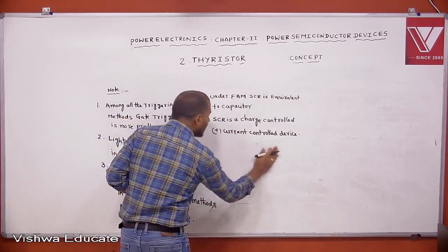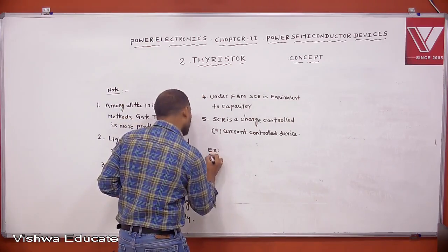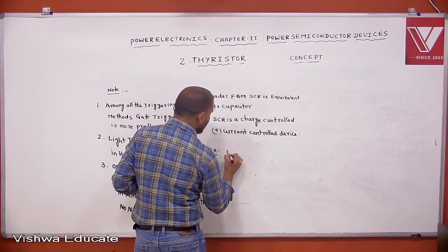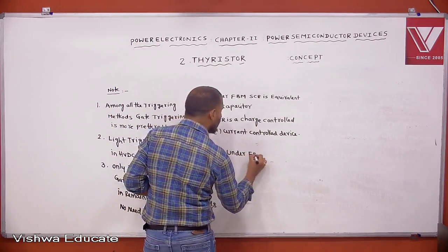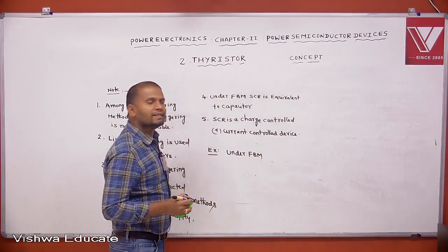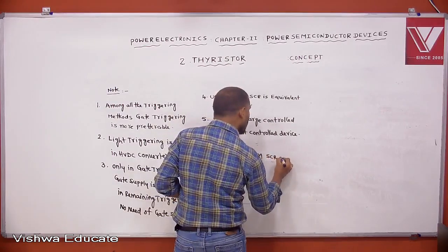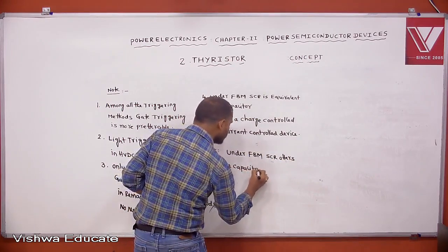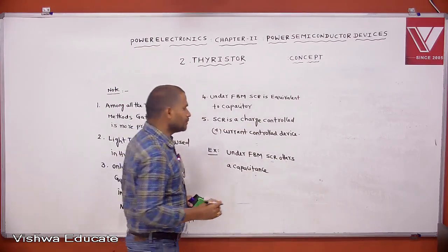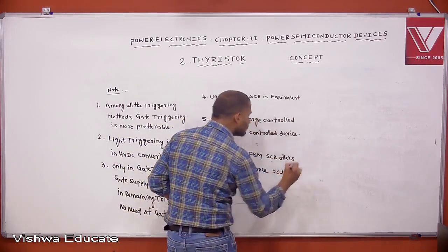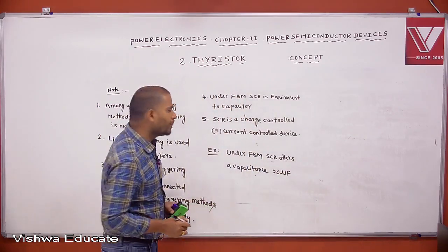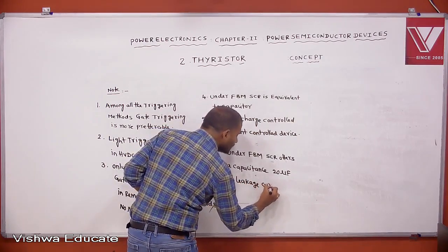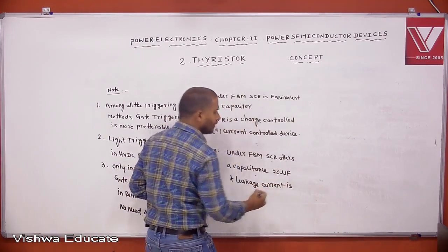Okay. The other point to remember: here I am giving one simple example. Let, under forward blocking mode, the SCR offer a capacitance of 20 microfarads, and the leakage current is 10 milliamperes.